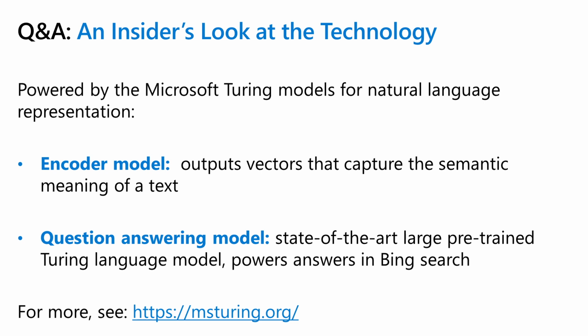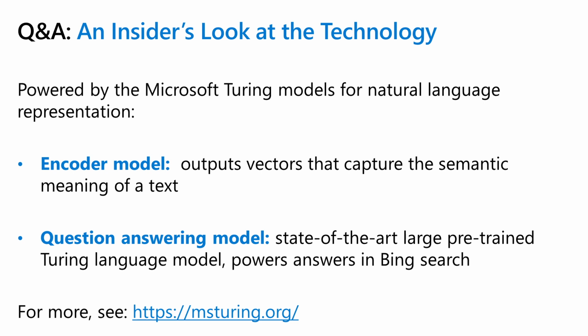That demo highlighted the power of this new Q&A experience, and I wanted to spend a minute just to talk about the technology behind it. All of this is made possible using the Microsoft Turing model for natural language representation. It's a large-scale AI model bringing the power of deep learning to searching document content.